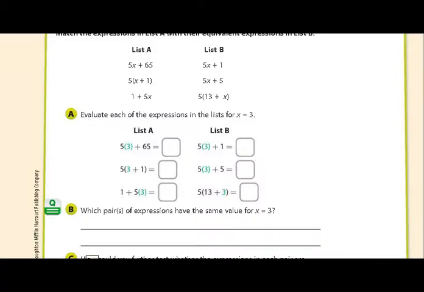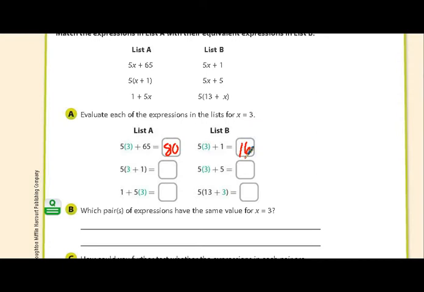Okay, to solve them, we just input a 3 in place of x. So 5 times 3 is 15. 15 plus 65 is 80. 5 times 3 is 15, plus 1 is 16.